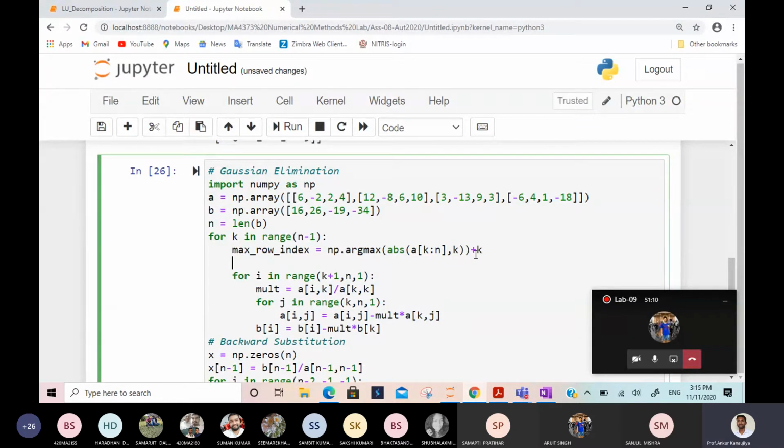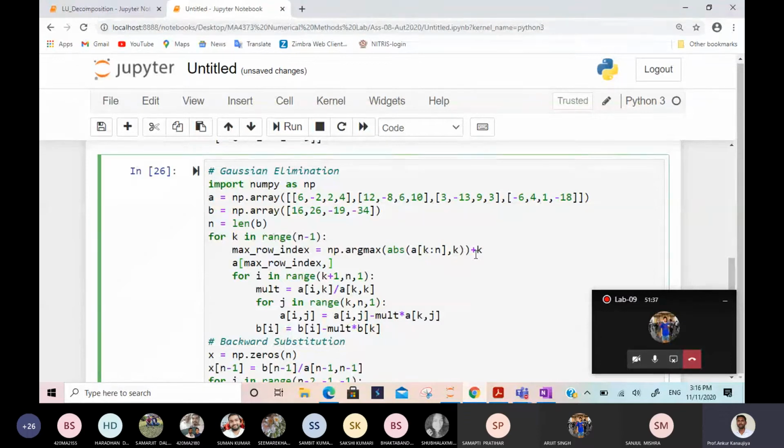Now we got the maximum, so now we have to interchange the row of matrix A. So how to interchange? Tell me what to write. Max row index, comma, colon. We are interchanging the row.